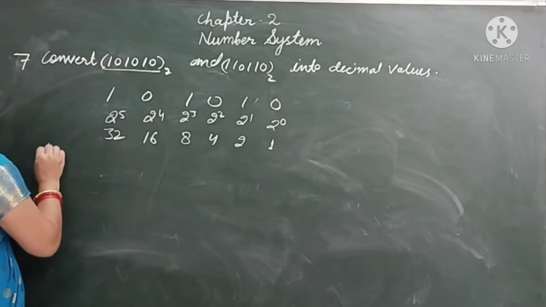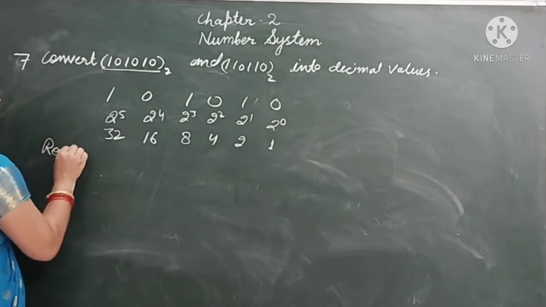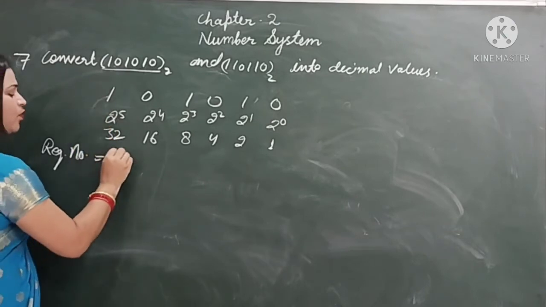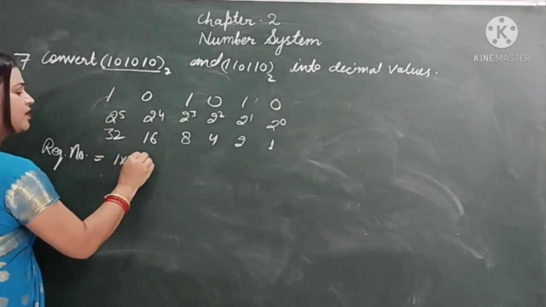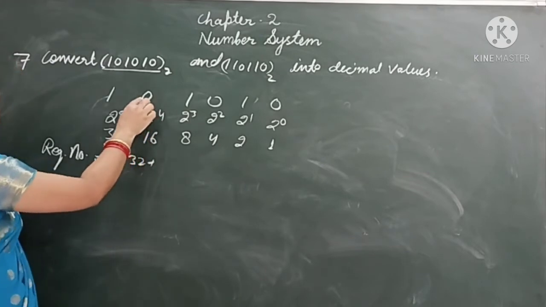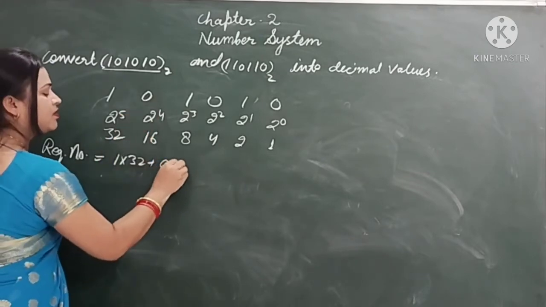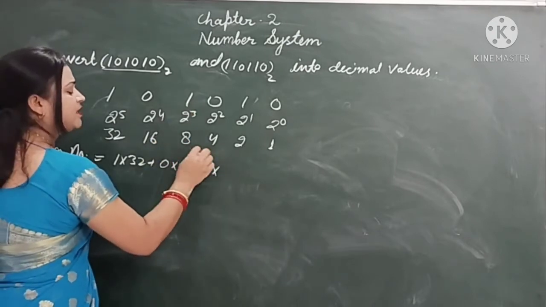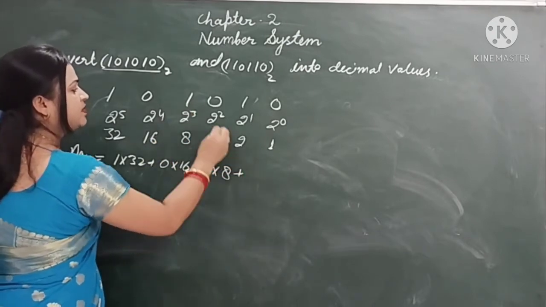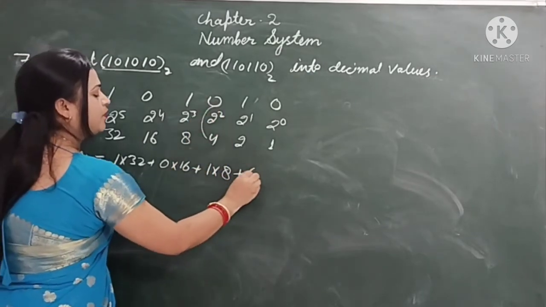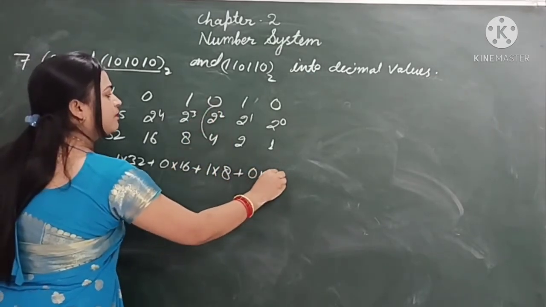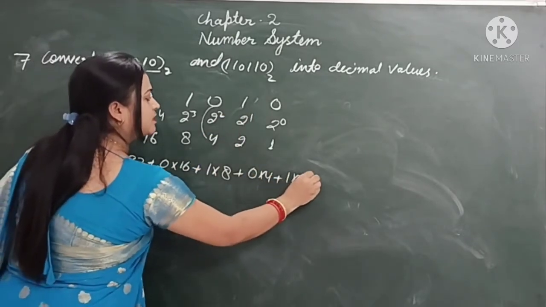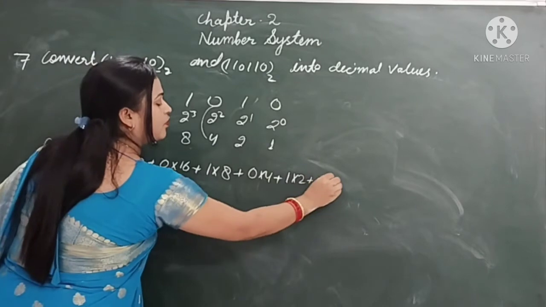Now the required number is equal to digit into its place value: 1 into 32 plus 0 into 16 plus next digit 1 into its place value 8 plus 0 into 4 plus next 1 into 2 plus 0 into 1.